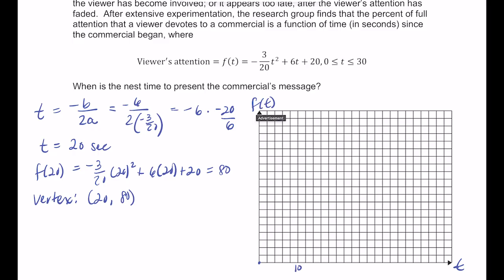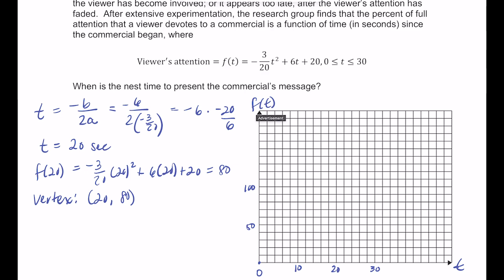And then 12, 14, 16, 18, 20. 22, 24, 26, 28, 30. And I can stop there because I'm only interested in the viewer's attention from 0 to 30 seconds. And then I'm going to count by 10s here along the y-axis. So this would be 50. And that's 100. And I can stop there.